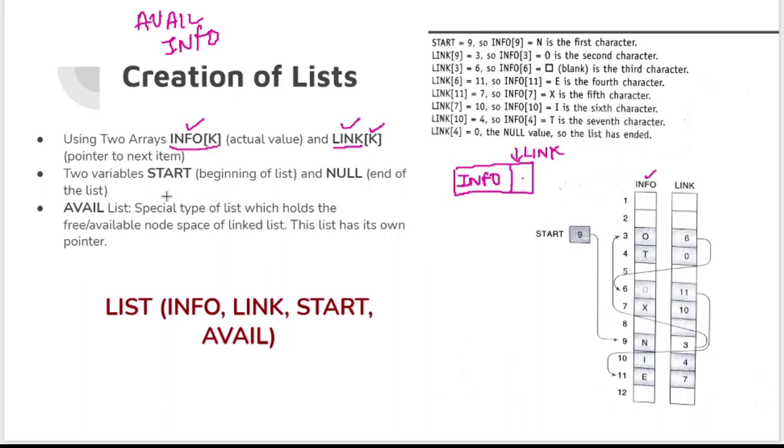So secondly, we also require one or two variables, one for start, which stores the head node, the first address of the first node of the linked list, and the null variable, because with the null variable it will be clear that it is the end of the list. This can also help us check if start or head is null, which will define that the list is empty.